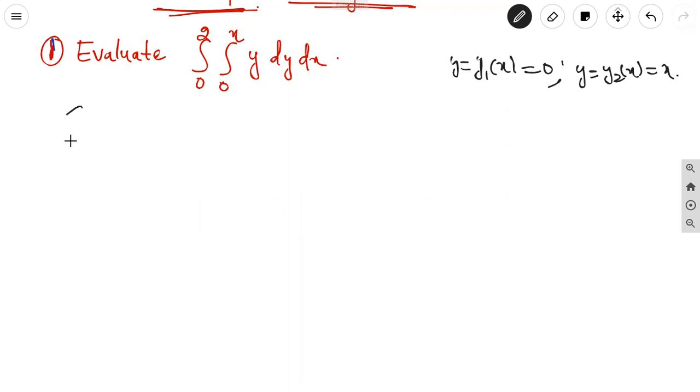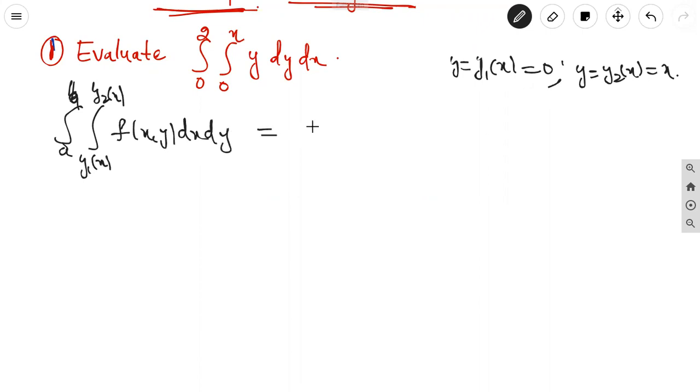This is suitable for the evaluation of the double integral, integral a to b, integral y1 of x to y2 of x, f of x comma y dy dx.